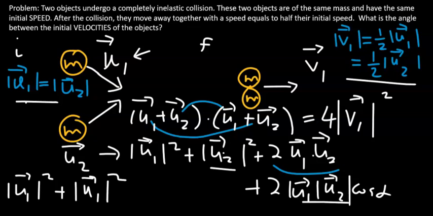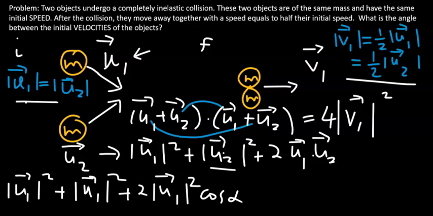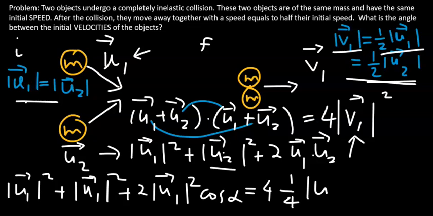Now this line here is just 2 times the magnitude of u1 squared, and don't forget cosine alpha. And that equals 4 times the magnitude of v1 squared. The magnitude of v1 is half of the magnitude of vector u1, so squared that is 1 over 4 the magnitude of u1 squared.